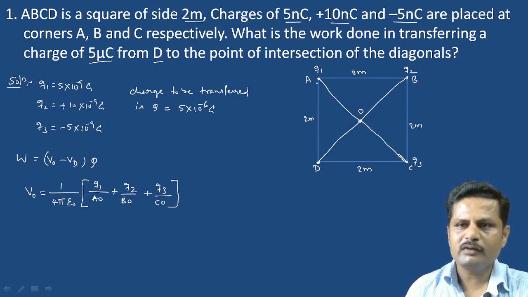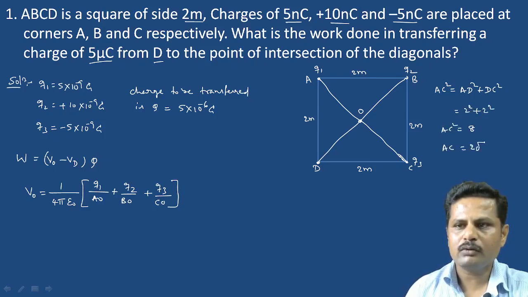Here from the Pythagoras theorem, AC square is equal to AD square plus DC square. This can be written as 2 square plus 2 square. This is equal to 8. That is AC square is equal to 8. So therefore AC is equal to root 8.